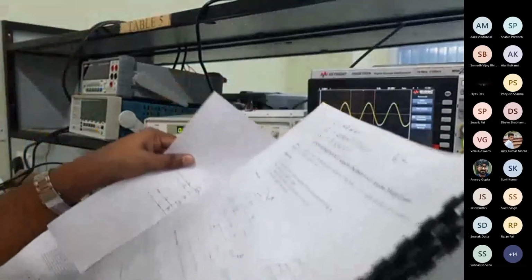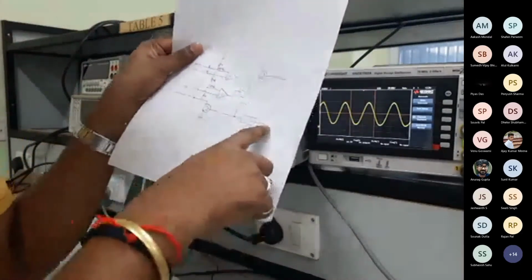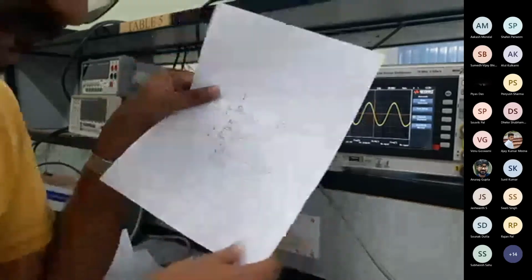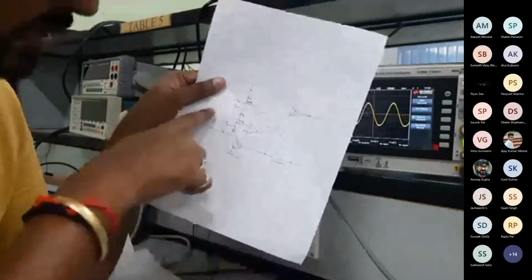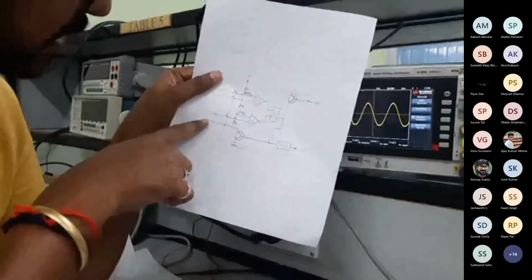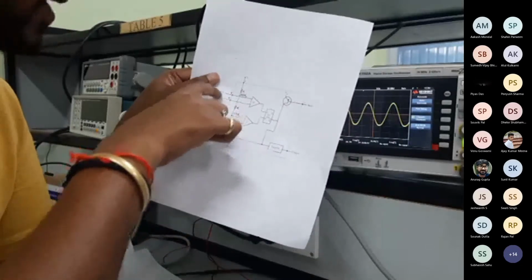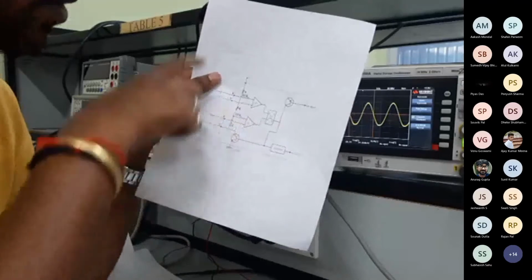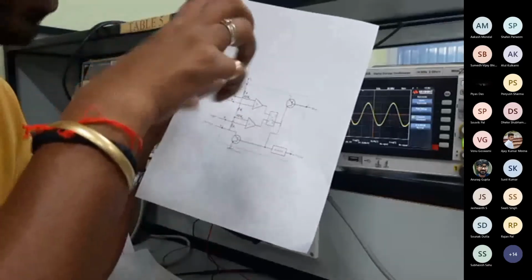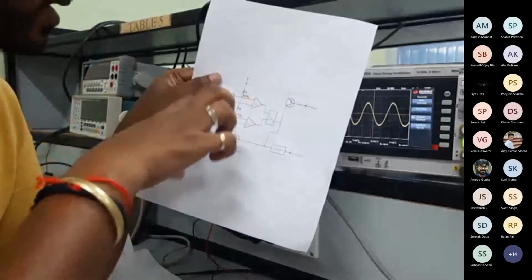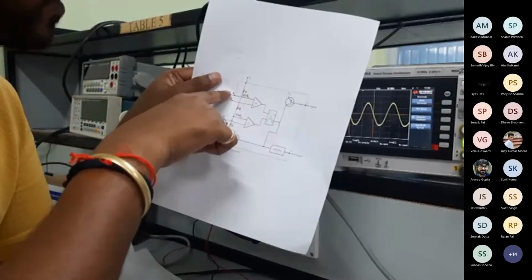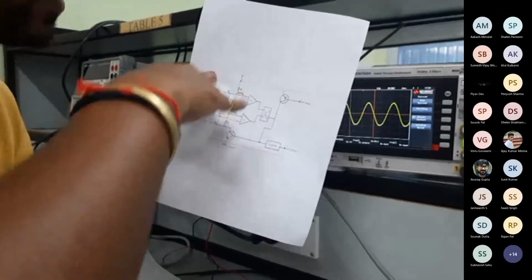Now pin number 3 is the output. And pin number 6 is connected to the capacitor, which is grounded. So the voltage will build across the capacitor, the capacitor voltage VC.